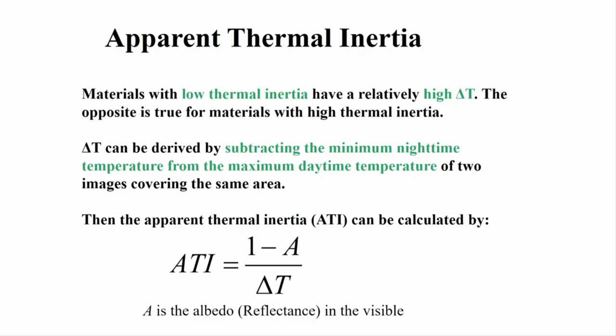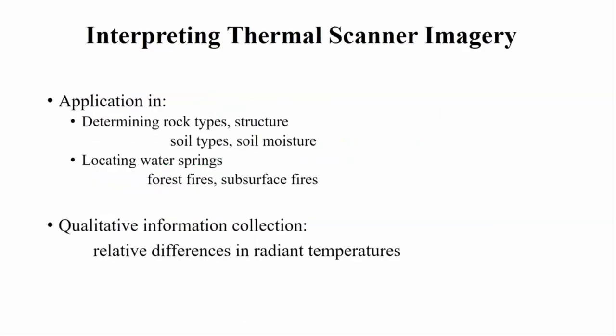We cannot directly measure thermal inertia, because according to the formula we have seen, there is a requirement of the different parameters which govern the thermal properties of the terrain. But with the help of the thermal sensor we can measure the apparent thermal inertia, and we can also measure the land surface temperature.